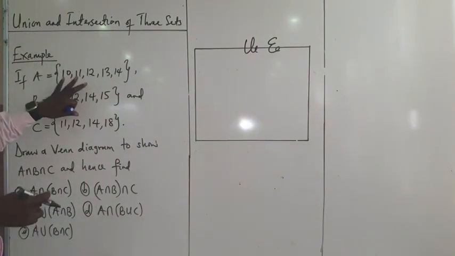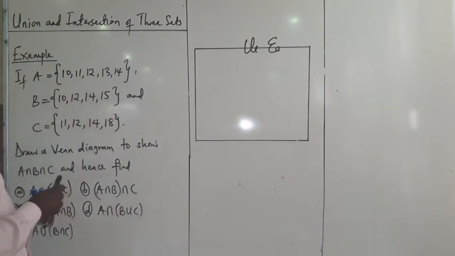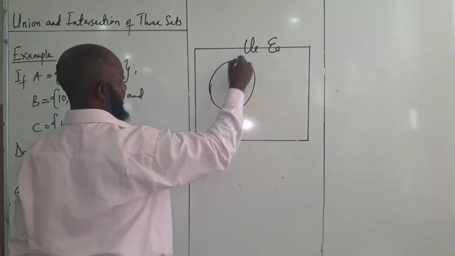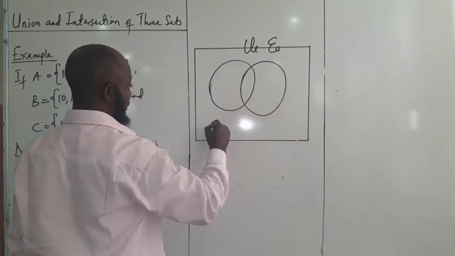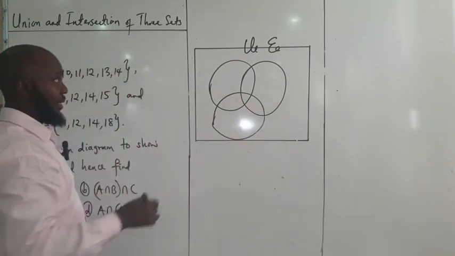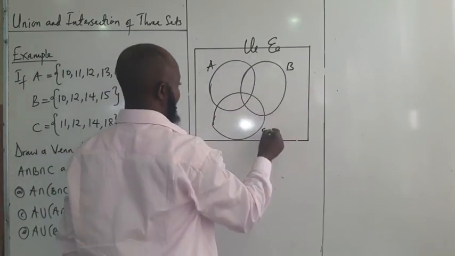But we are not given the universal set, so we don't have one here. Then we draw the first circle, then the second, and the third one you overlap on it. Is that clear? We have A, we have B, and we have C.